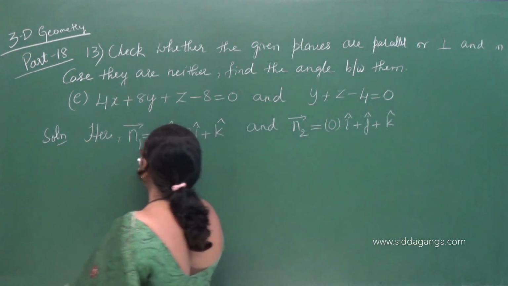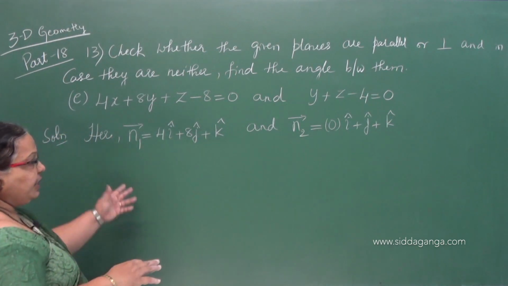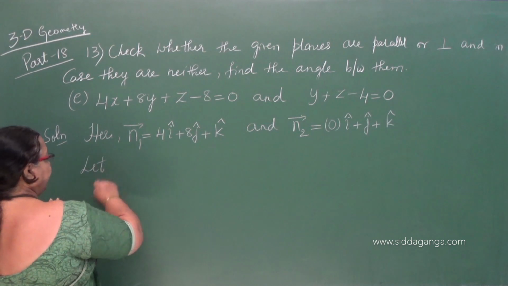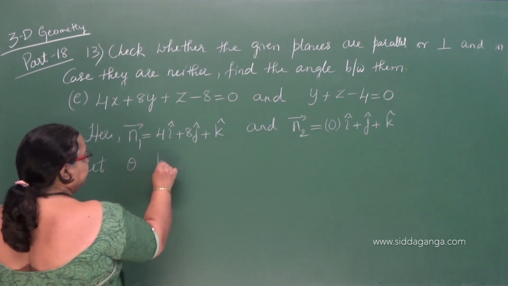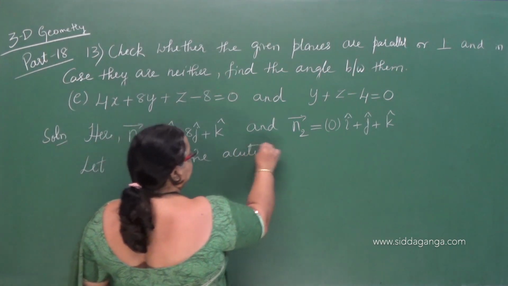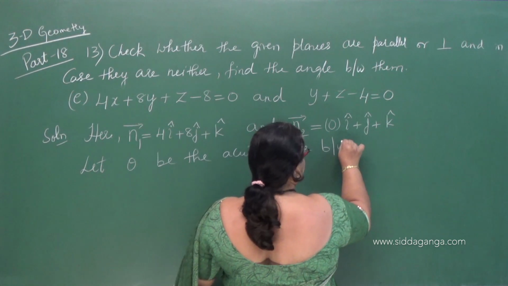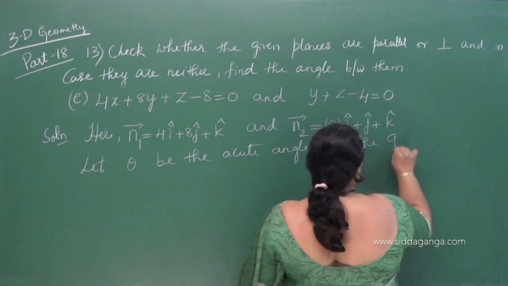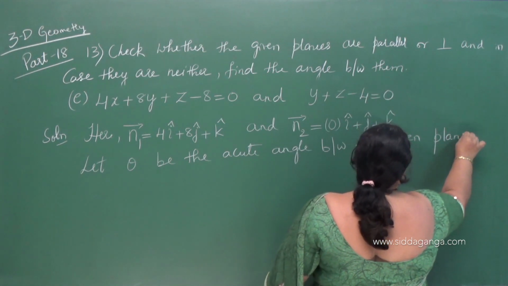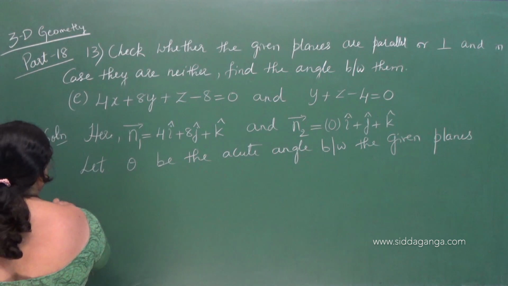So observe a1, b1, c1, a2, b2, c2, they are not proportional here. So we have to find the angle. Let theta be the acute angle between the given planes.